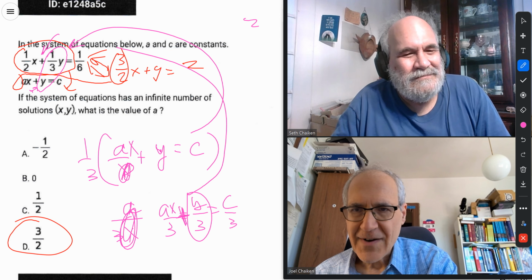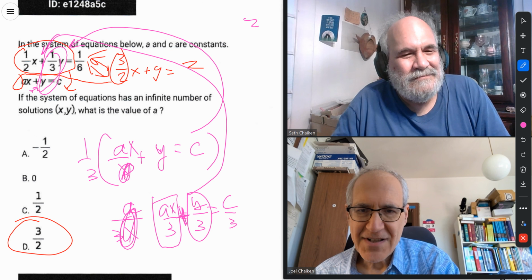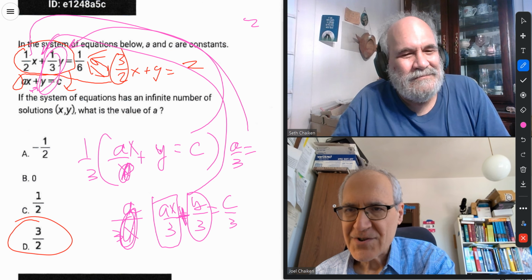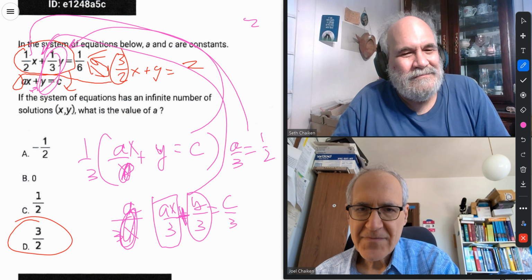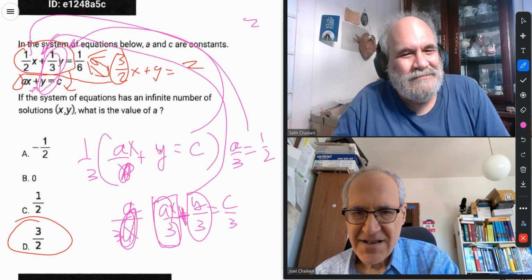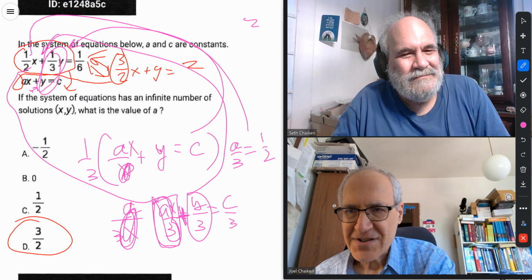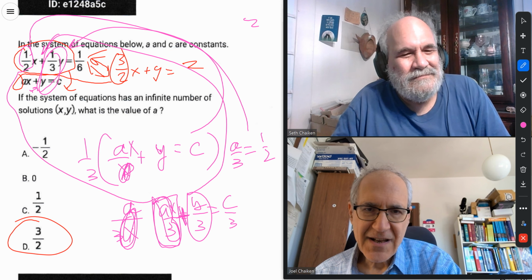Now I have the y divided by 3. That's great. Now I have to match this. A over 3 has to match this coefficient, which is a half. So I set a over 3 to be a half, so I solve for a and I get 3 halves.